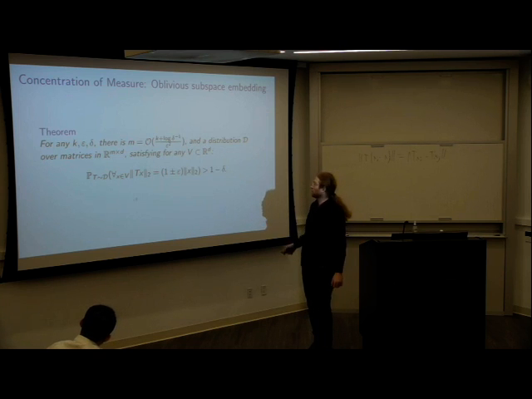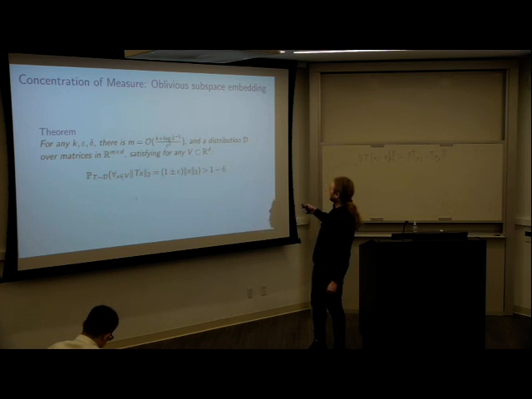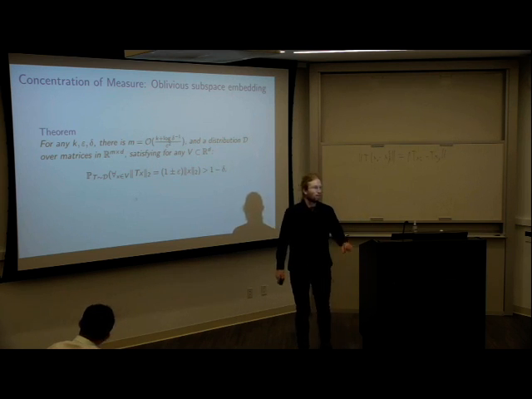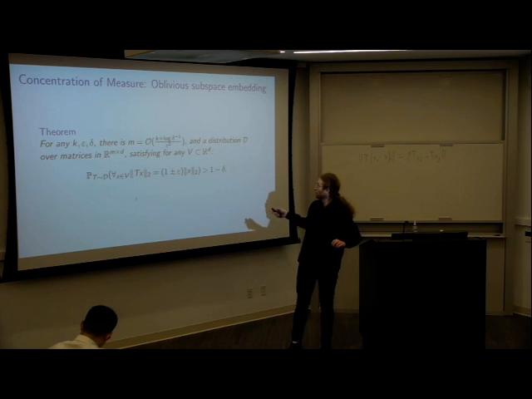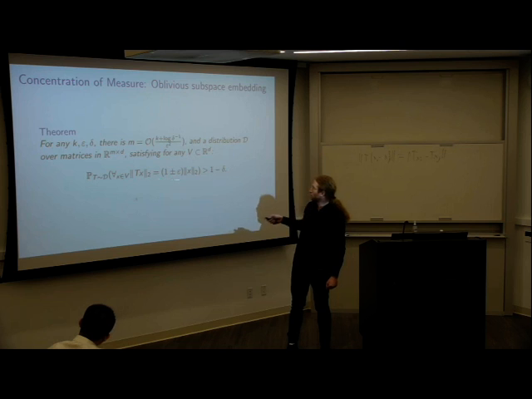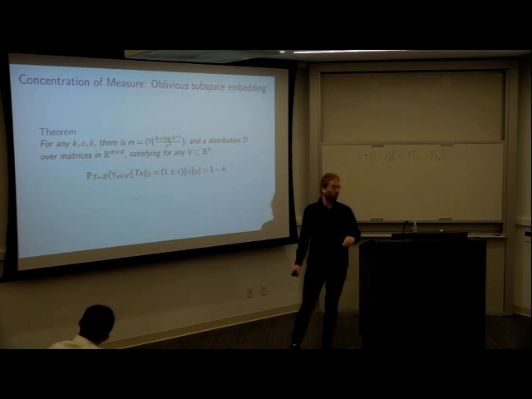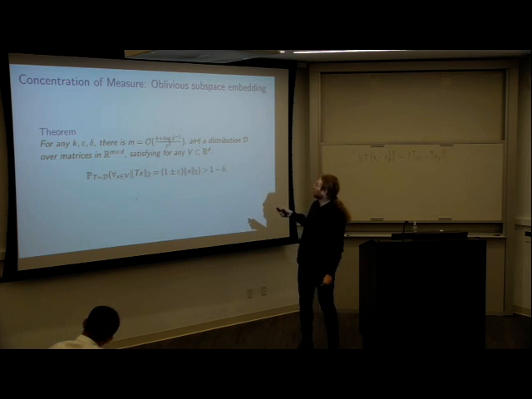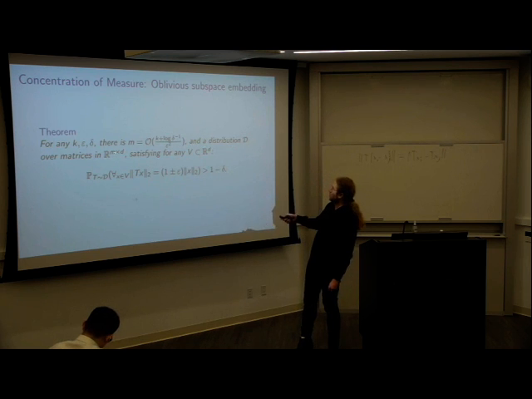What is cool is that there exists a single distribution D that does not depend on the subspace, such that with high probability over this distribution, for any subspace V, we actually preserve all the norms of all the vectors on this subspace. And we can do this by reducing dimension from d to about k over epsilon squared.